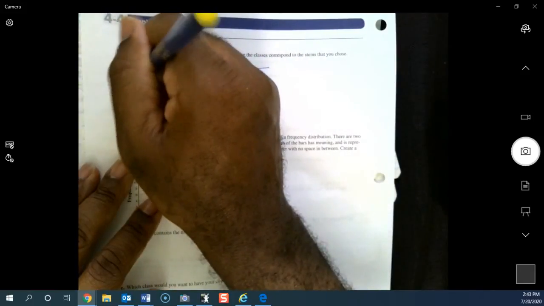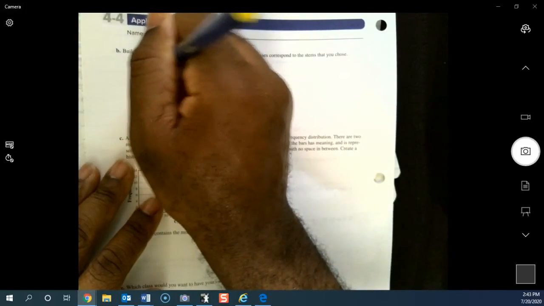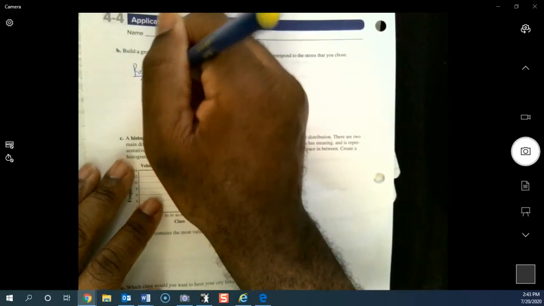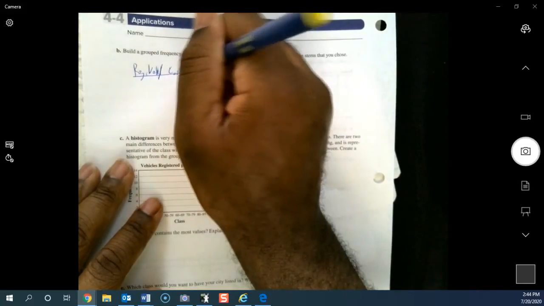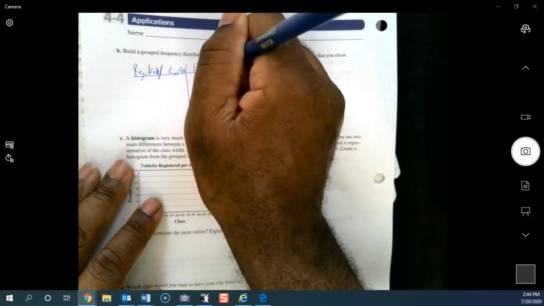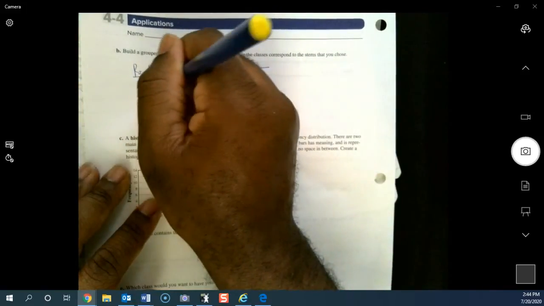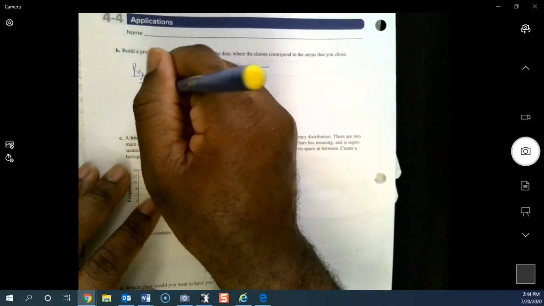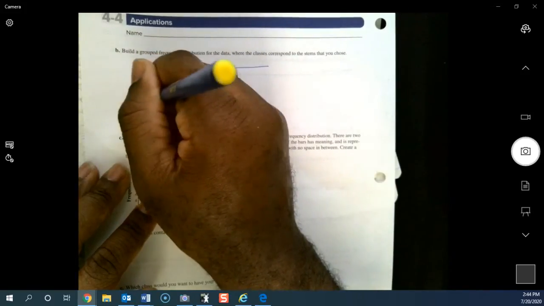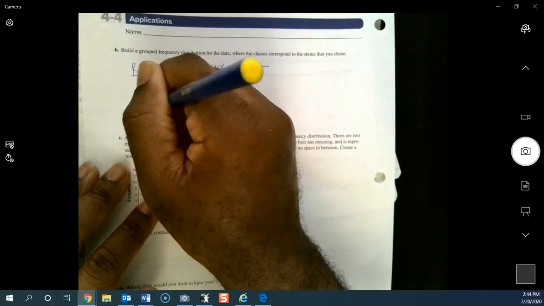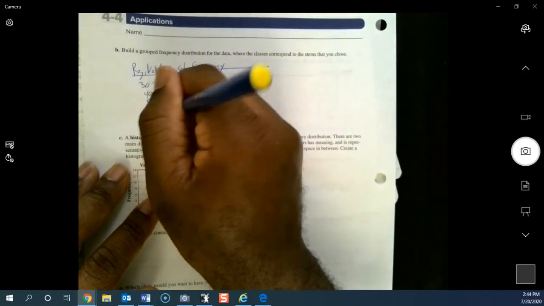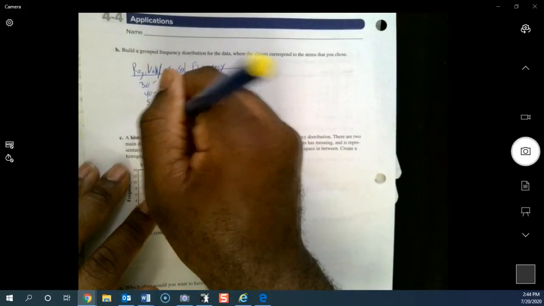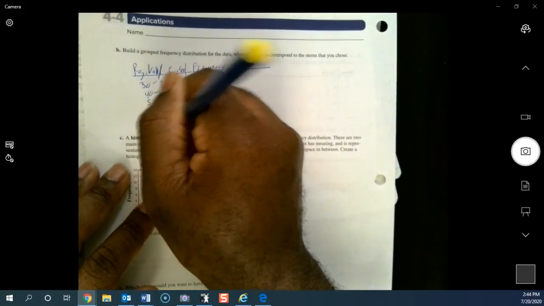So it'll be registered vehicles per car stolen, and then we can have frequency. All right, so we have 30 through 39, 40 through 49, 50 through 59, 60 to 69, 70 to 79, 80 to 89, and 90 to 99.